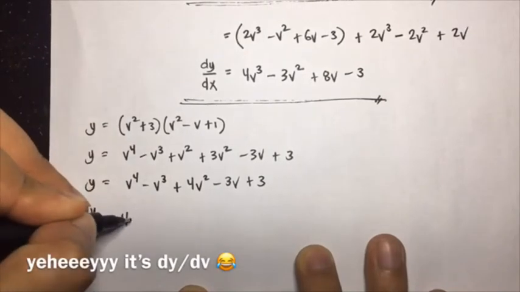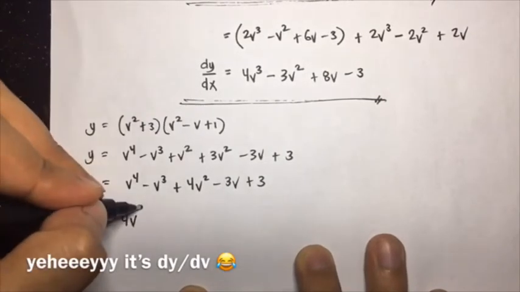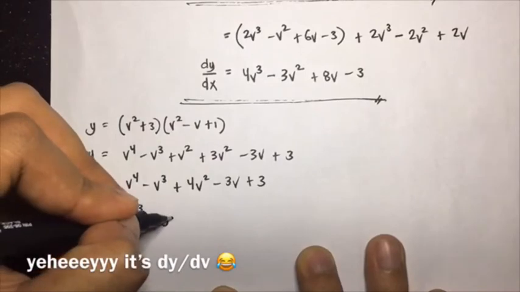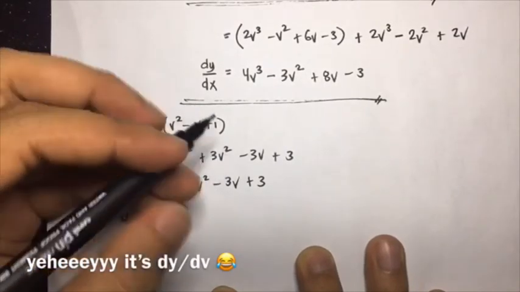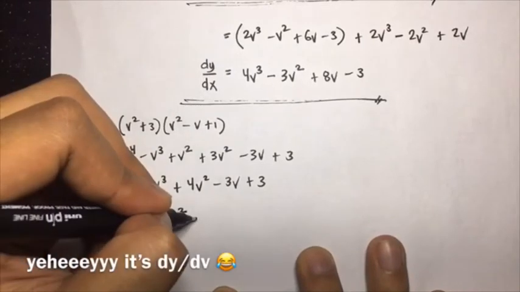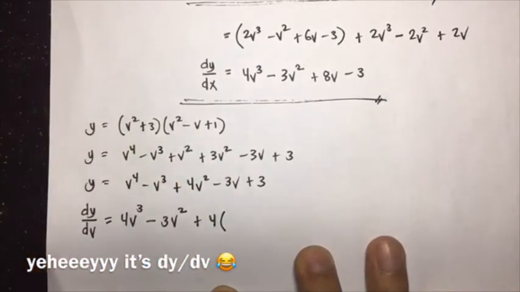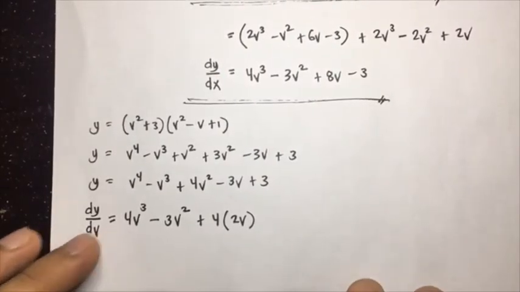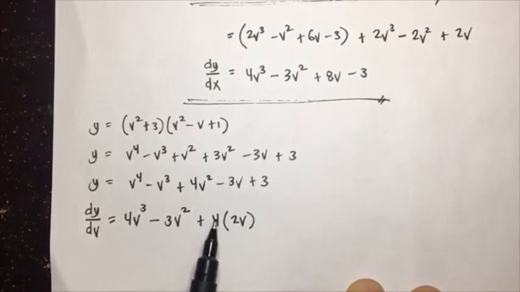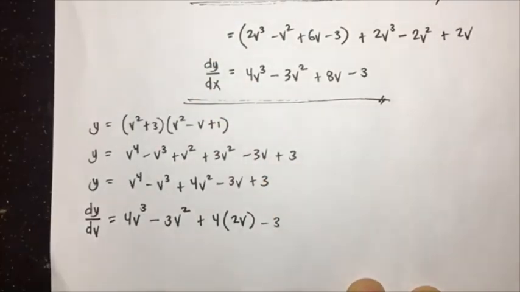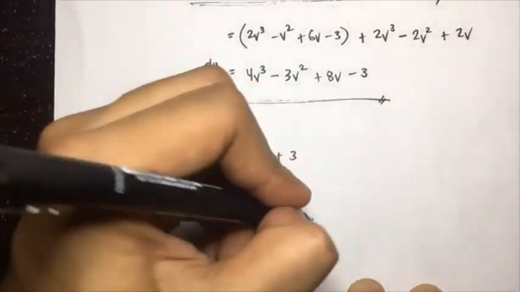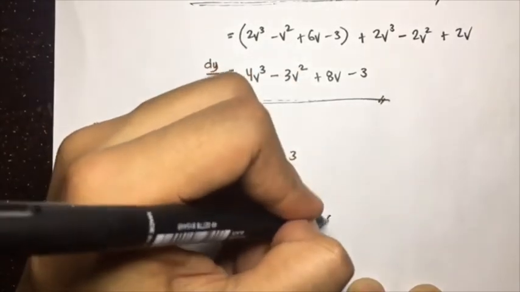So write 4v raised to 4 minus 1, so that is 4v cubed, minus, so we have here 3v raised to 3 minus 1, so minus 3v squared, plus 4 times derivative of v squared, so 8v, minus 3 times the derivative of v with respect to v, that is 1, plus derivative of a constant is 0.